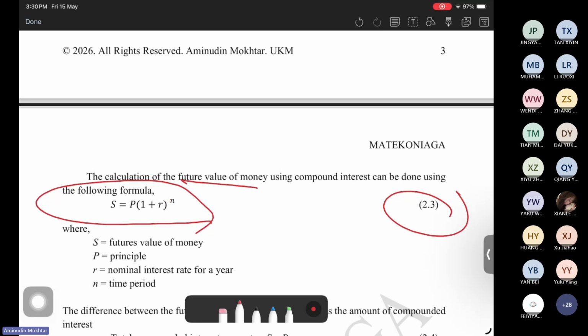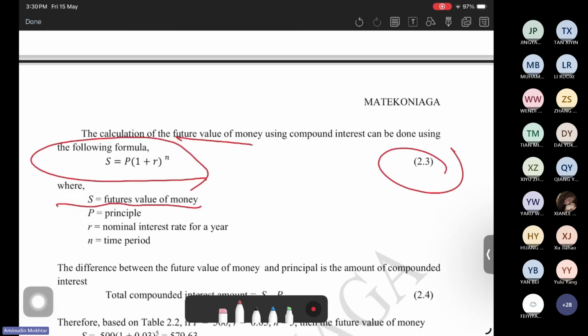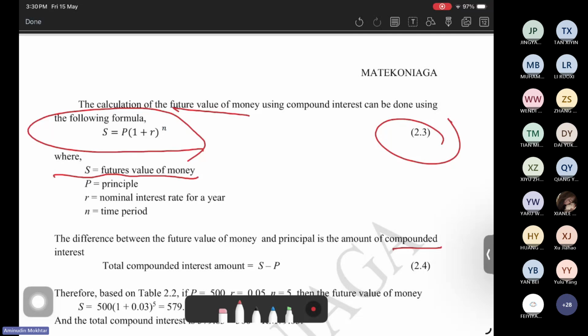This formula is known as the future value of money, S. We use S for the future value of money. P is principal, R is nominal interest rate for a year, N is the time period, normally number of years. The difference between the future value and the principal is also known as the compounded interest. S minus P, the future value of money minus the principal value, is known as the compounded interest.